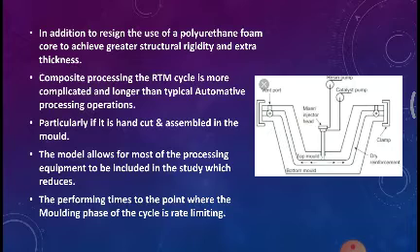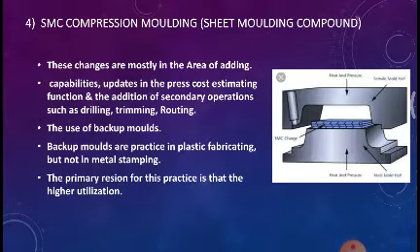In composite processing, the RTM cycle is more complicated and longer than typical automotive processing operations, particularly if it is hand cut and assembled in the mold. The model allows for most of the processing equipment to be included in the study, which reduces the preforming times to the point where the molding phase of the cycle is rate limiting.